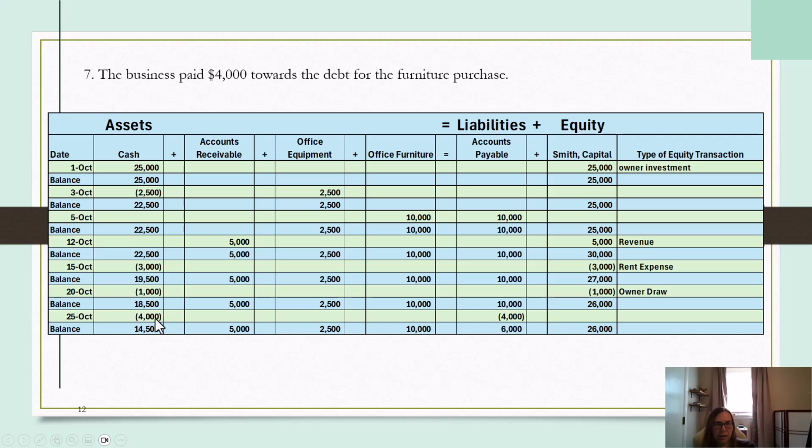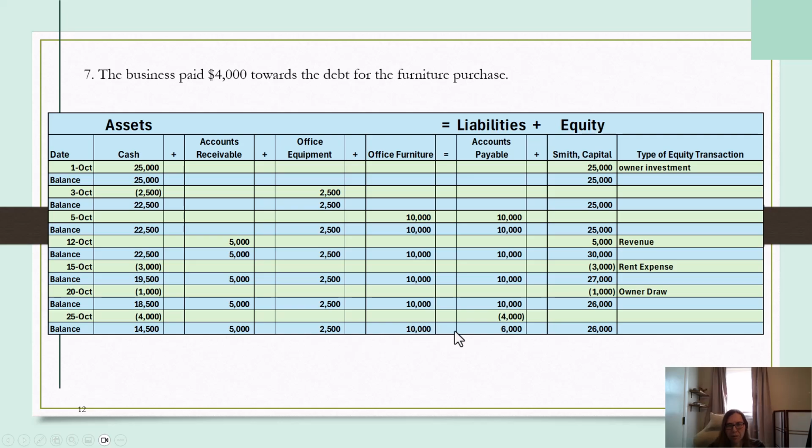We have a negative 4,000 over here under cash. That brings cash down to 14,500. The rest of the balances we just brought down. And then accounts payable, we subtract $4,000 from the money owed, and it brings the debt down to $6,000. And capital remains the same.